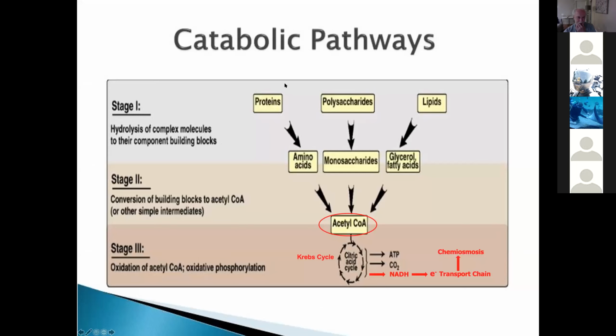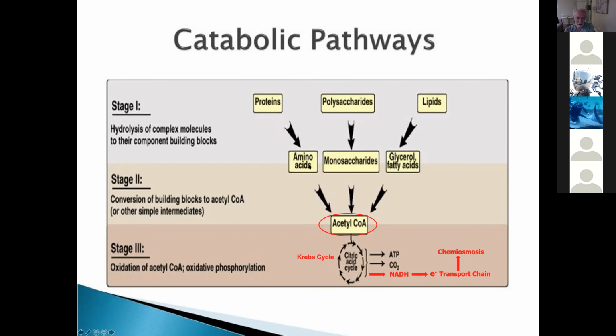Catabolic pathways. The food we eat is largely composed of proteins, polysaccharides, and lipids, complex molecules. Most of the food we eat is not simple monomers. It's polymers. But these can all be broken down into monomers.